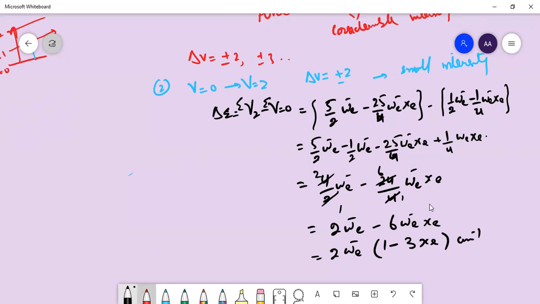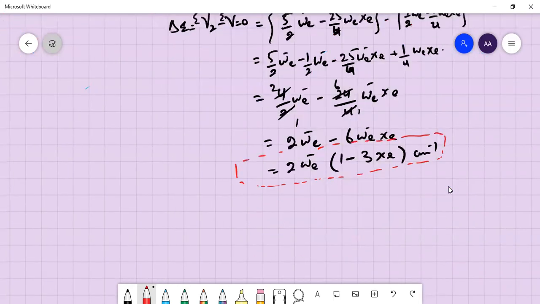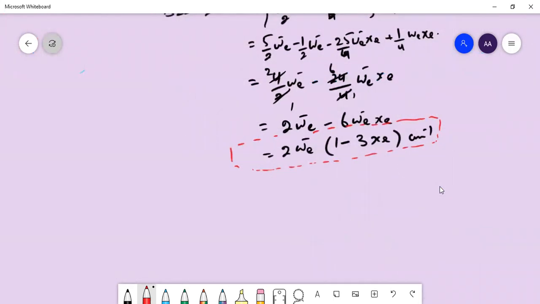So for the second transition, when the transition is taking place from V0 to V2, I have an equation that the energy will be equal to 2 omega e bar times 1 minus 3 xe centimeter inverse, and this is known as the first overtone.